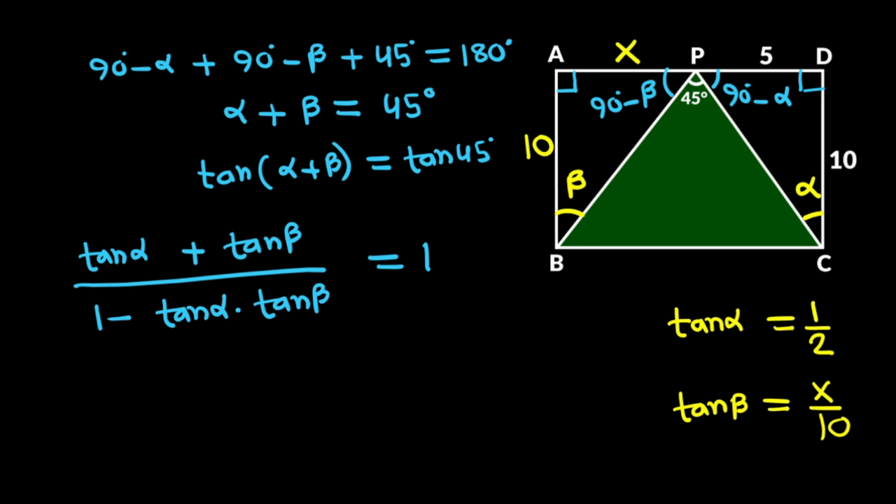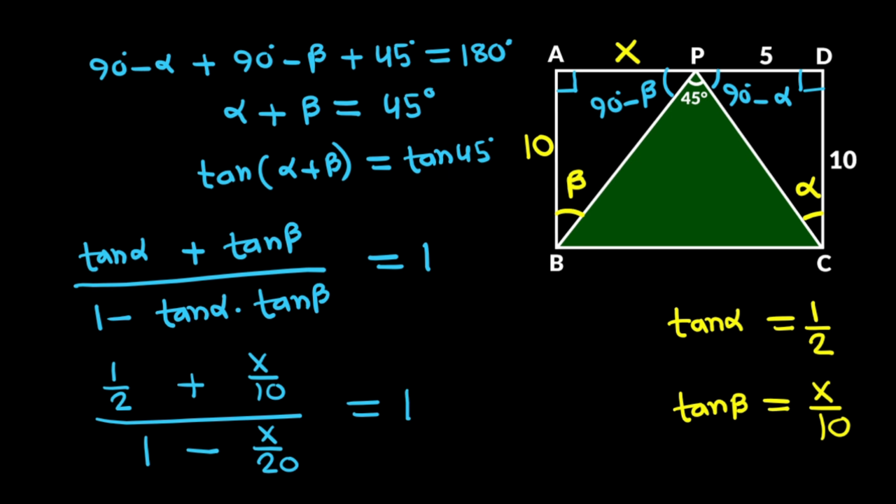Now, plug in the values. Tan alpha is 1/2. Tan beta is X/10. So we get 1/2 plus X/10 divided by 1 minus X/20 equals 1.